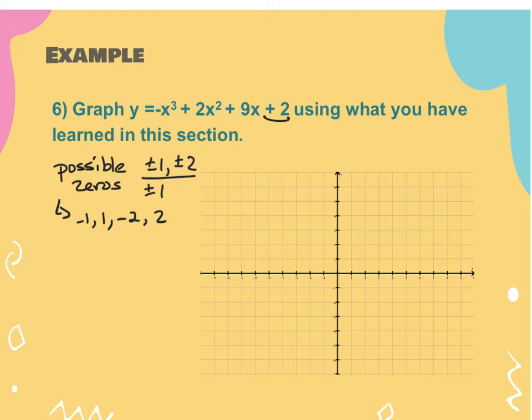So let's go ahead and first look at our end behavior. It's an odd exponent, so I know the ends of my graph are going to go in opposite directions. And it's a negative in front of the x cubed, so it's actually going to rise to the left, and it's going to fall to the right.